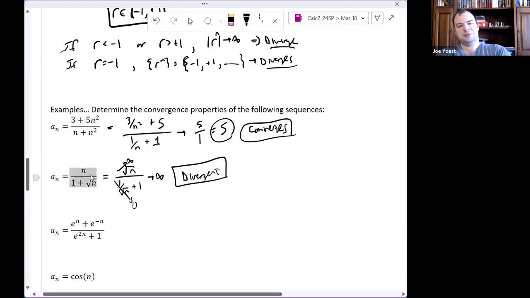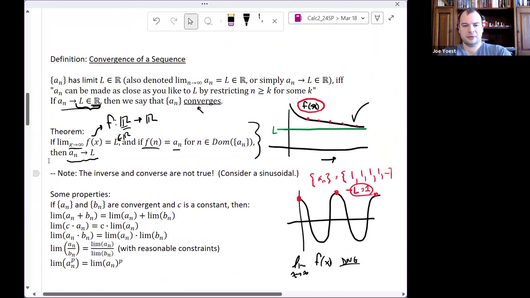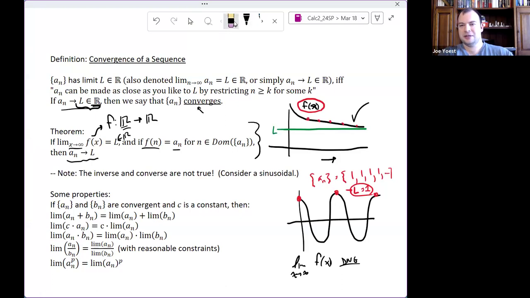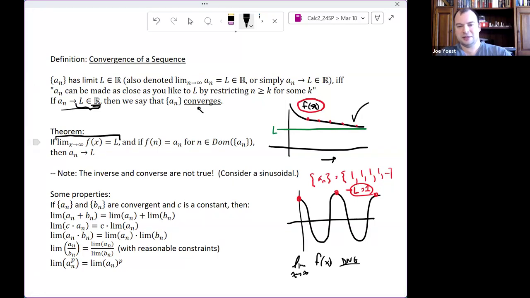I couldn't use the theorem here about what happens to x over 1 plus root x because that would diverge. Remember my theorem, if I erase all of my scribblings off of it, my theorem says if the limit as x goes to infinity of f of x equals L, a real number, then this holds.